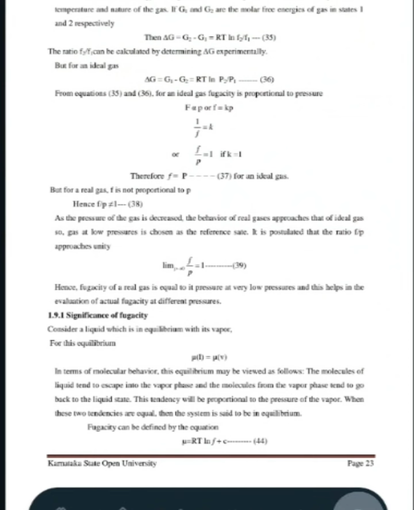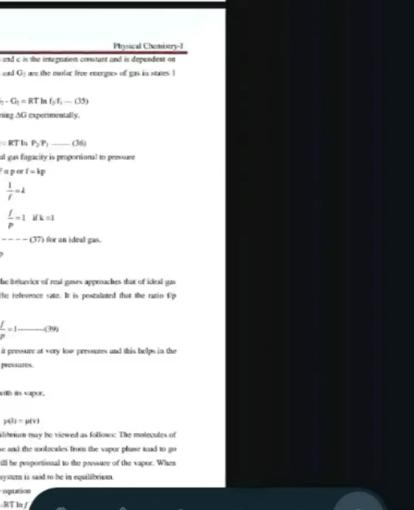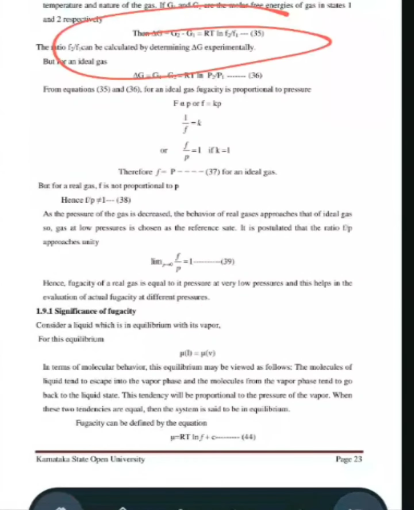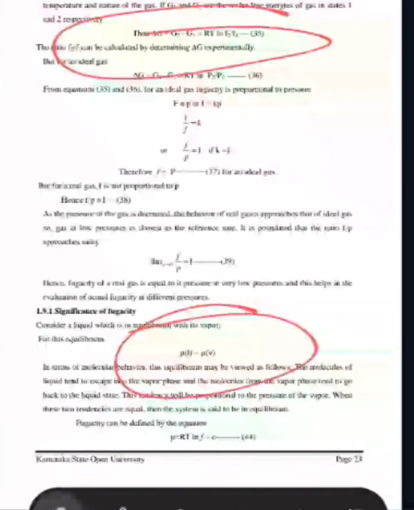So next, significance of fugacity. Consider a liquid which is in equilibrium with its vapor, mu L is equal to mu V. The fugacity of the liquid is equal to the fugacity of the vapor. Mu is the chemical potential and F is denoted as fugacity.